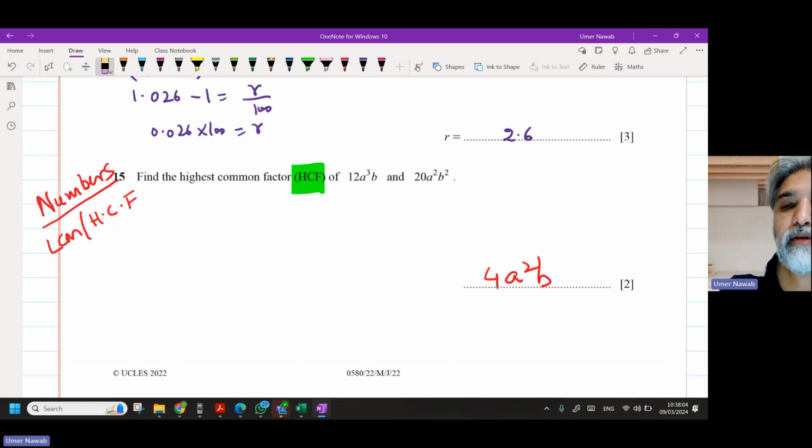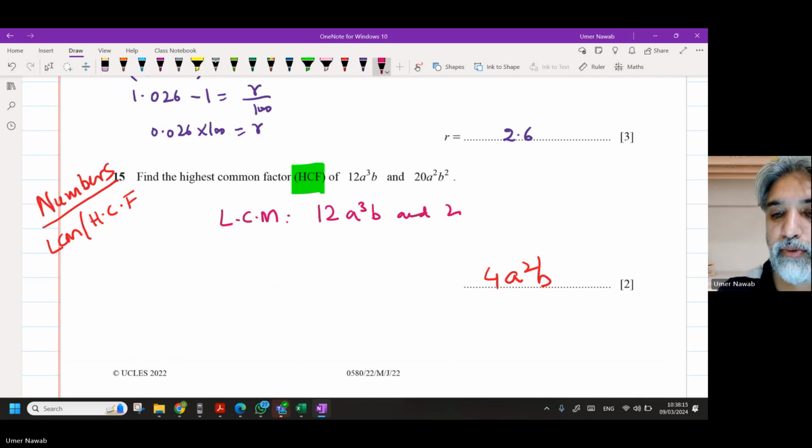Now let me solve this question in front of you from the perspective of LCM. If in the exam, the examiner asks you what is the LCM of 12a cubed b and 20a squared b squared. The LCM is always bigger than the given two numbers or maybe equal, but it cannot be smaller than these two numbers.